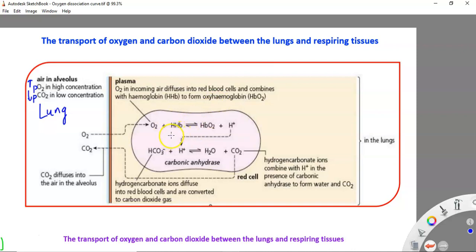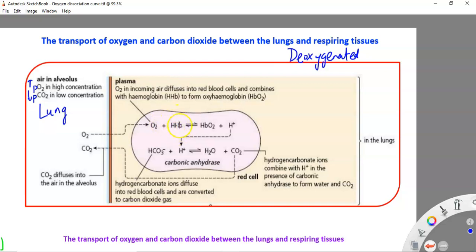It is deoxygenated blood, so it has a low saturation of oxygen, and it carries more carbon dioxide in the form of hydrogen carbonate ions. The hemoglobin is in the form of hemoglobinic acid.